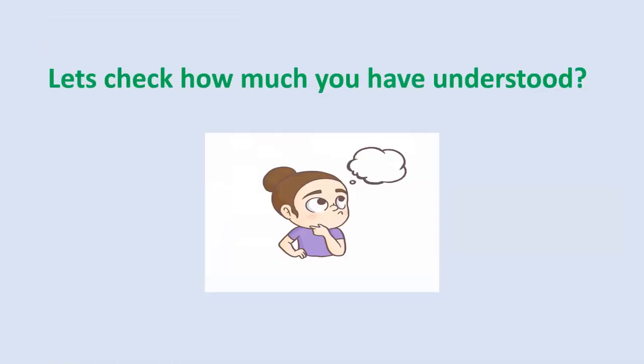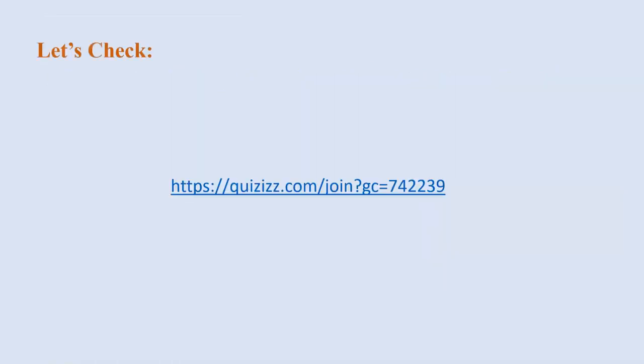So students, I'll be pasting a link in the chat box. You all need to join the link quickly and attempt the quiz, and let me check how much you have understood. I have pasted the link in the chat box. I want you all to join the link quickly.